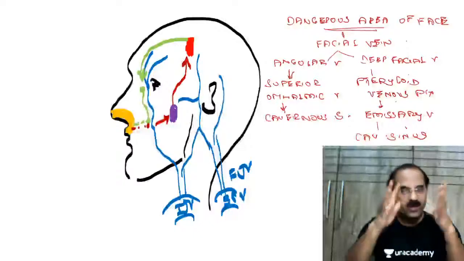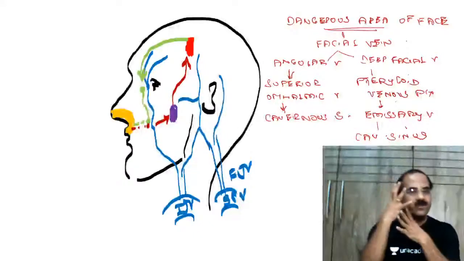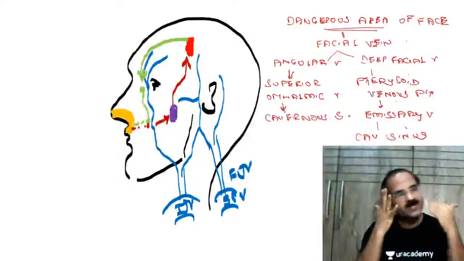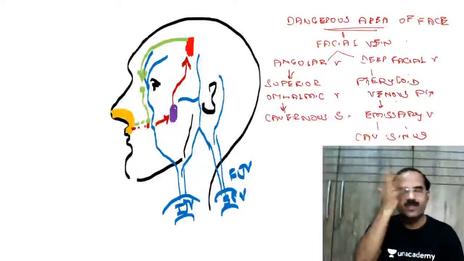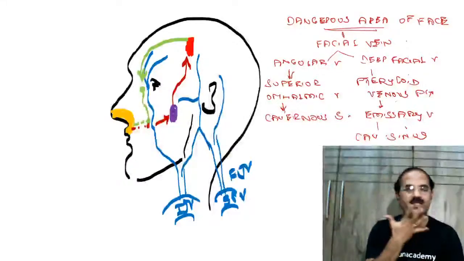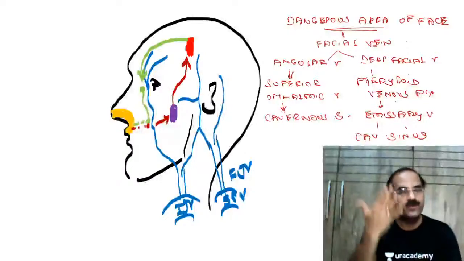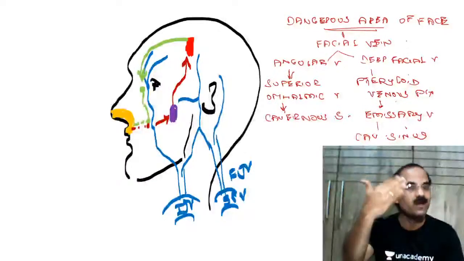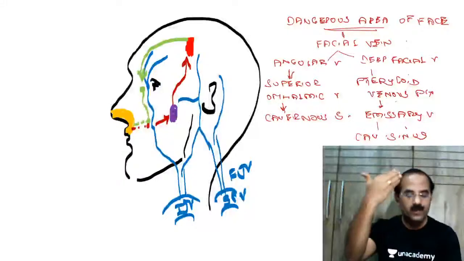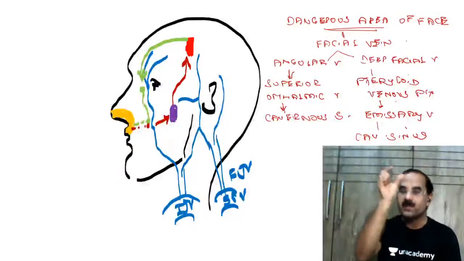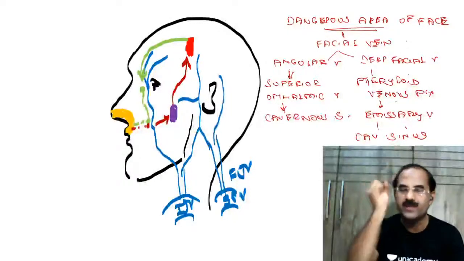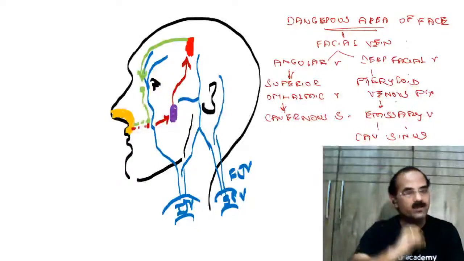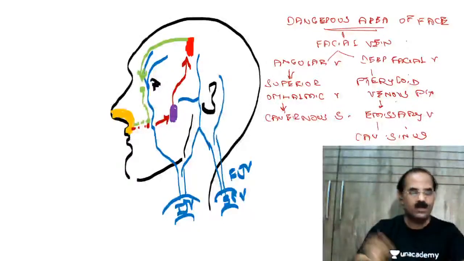So what I want you to understand is that the fibers of the facial nerve which supply the muscles of facial expression, or the muscles of the second pharyngeal arch, are derived from the motor nucleus of the facial nerve, and this motor nucleus is lying in the pons.